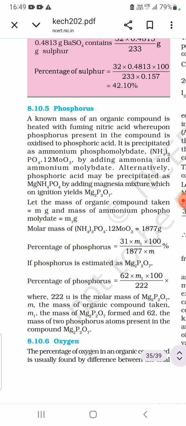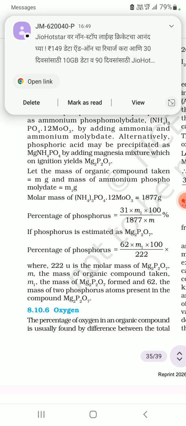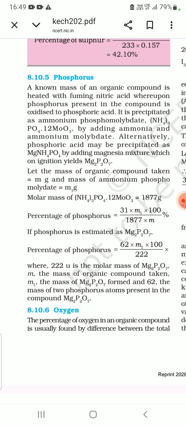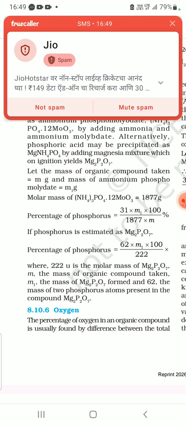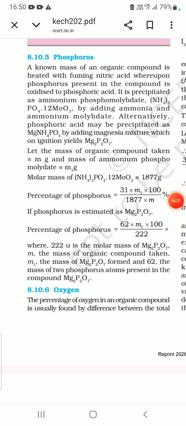Alternatively, phosphoric acid may be precipitated as MgNH4PO4 by adding magnesia mixture, and ignited. Here the formula of ammonium phosphomolybdate is (NH4)3PO4.12MoO3. This is important. And percentage of phosphorus is given.